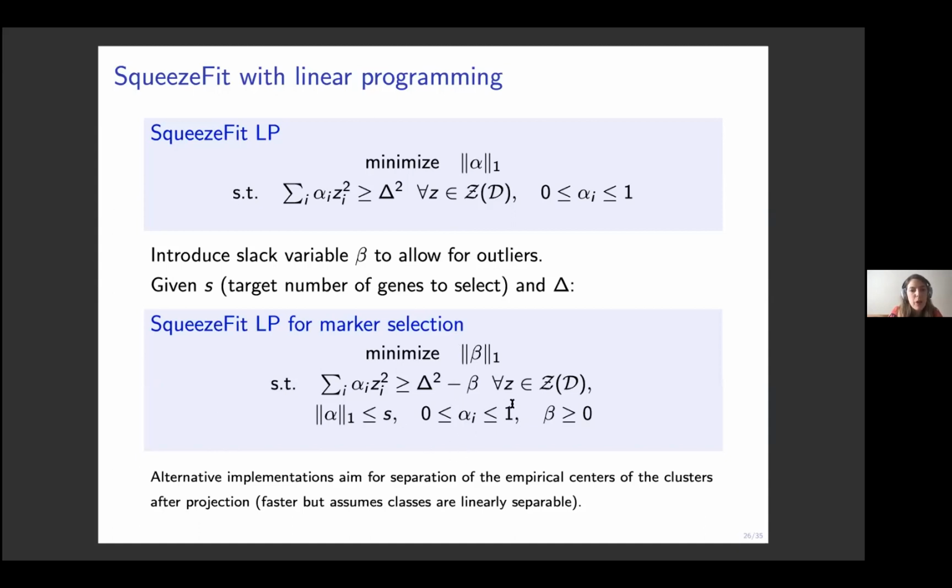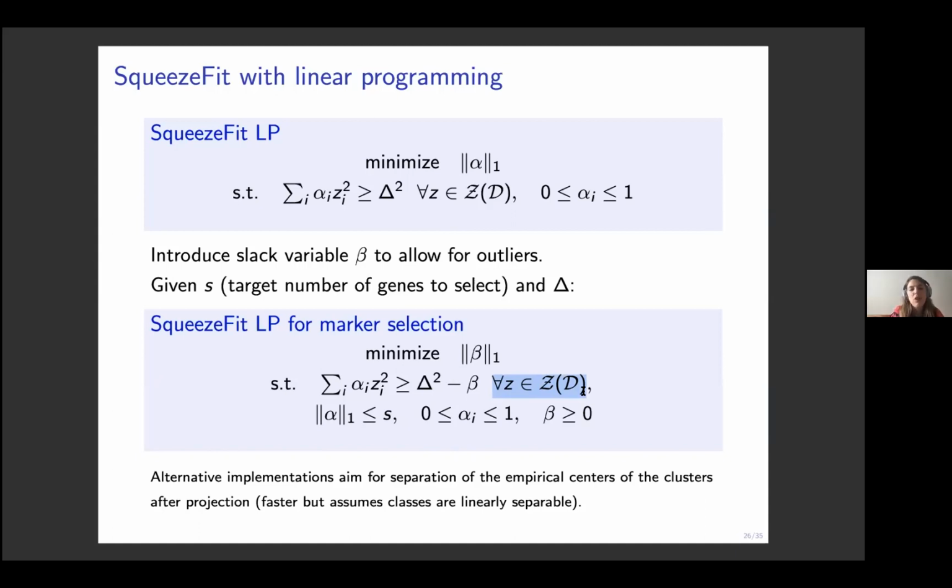But there are other ways to change this formulation. Instead of looking at all pairwise distances of points from different sets, which doesn't scale very well, we consider alternative implementations that aim for the separation of the empirical centers of the clusters after projection. This idea has been explored before, and there's a paper called NuMax.